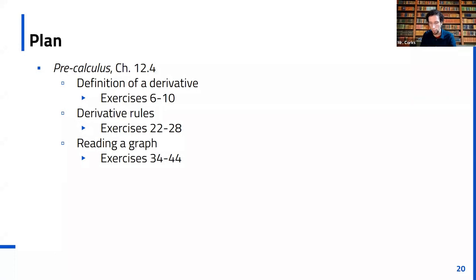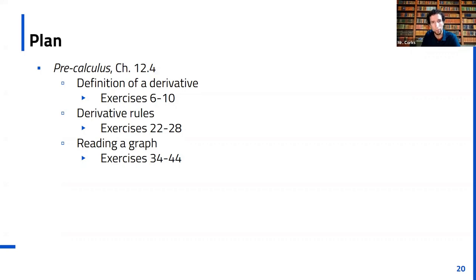There are more of these questions again in our textbook. There are more listed right here than what we actually did today. And there are more as well described on our classroom page that you can go through. But just the definition of a derivative thing is useful to know, and that will definitely come up later.